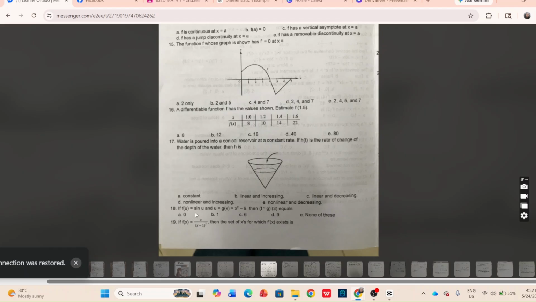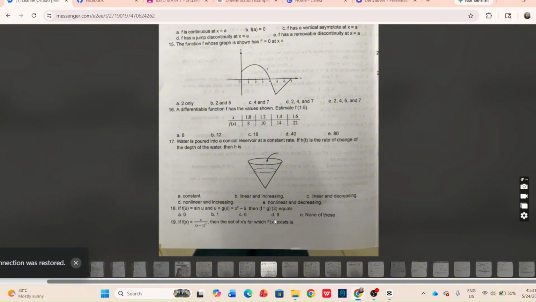Number 18. If f of u equals sine u and u equals g of x equals x squared minus 9, then f of g prime of 3 equals. So we will simply apply the composite or the chain rule for this one. So f of u equals sine u and g of x equals x squared minus 9, and the derivative of f of g is equal to f prime of g of x times g prime of x from the chain rule.